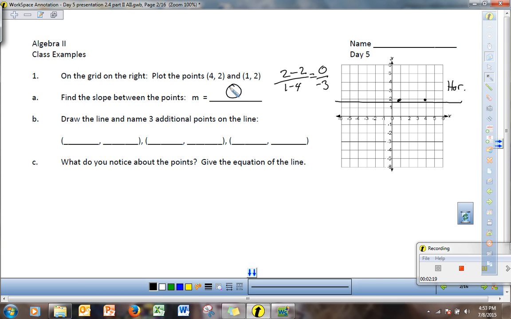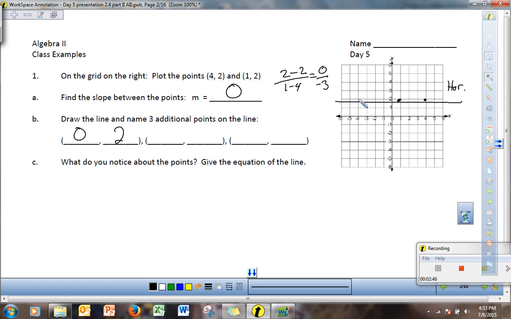Hey, if you think about it, slope is rise over run. This line right here isn't rising any, so the 0 slope makes sense. Now I drew the line, and it said name 3 additional points on the line. You can name any points that you want. So I might come over here and say (0, 2).